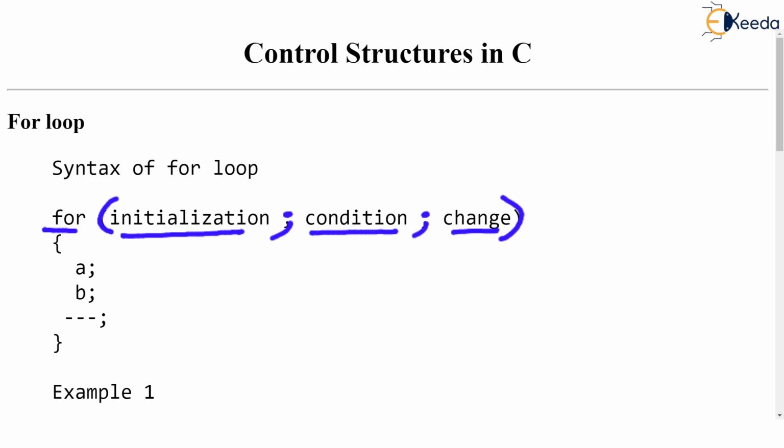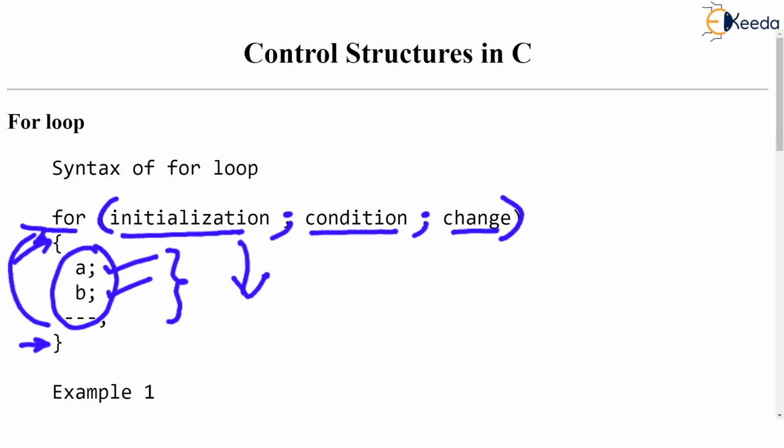Then there is an optional brace open and brace close, within which we write statement A, statement B, statement C, or any number of statements that are to be repeated by this for. In a simple sense, this for will repeat these statements again and again.